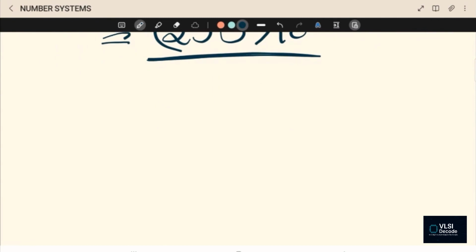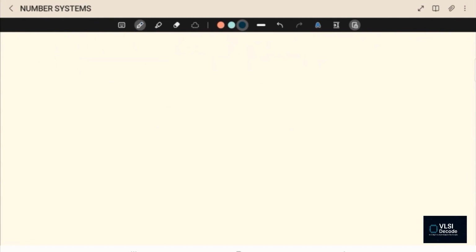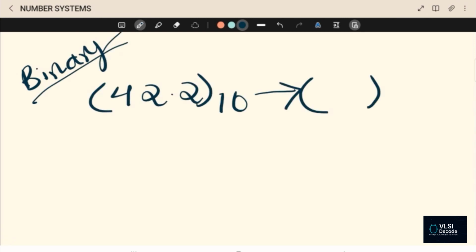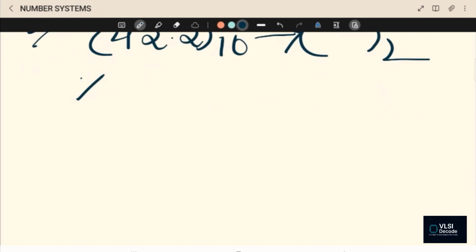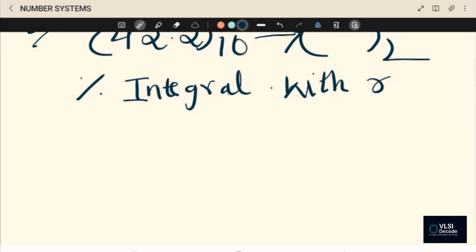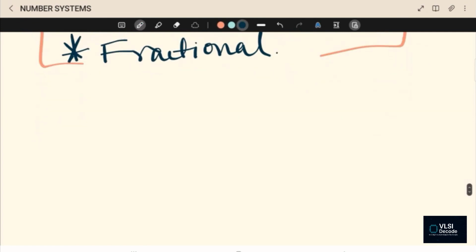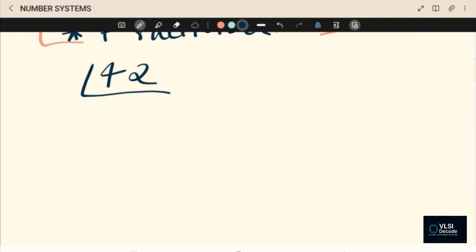Now let's see decimal to binary. So how to convert decimal into binary? In order to convert decimal into binary, you just have to divide the given integral value with the wanted radix and multiply it with the fractional part.